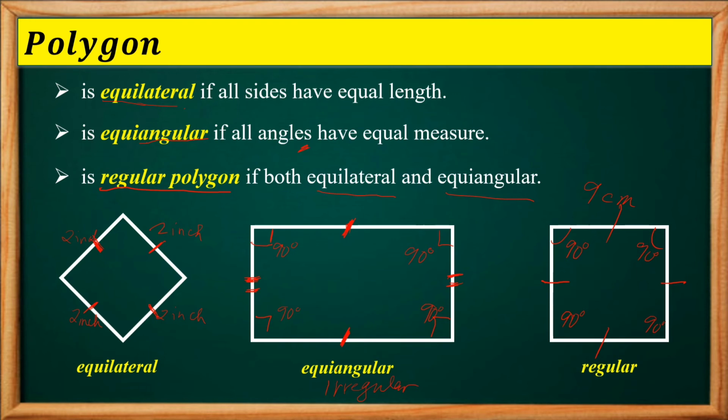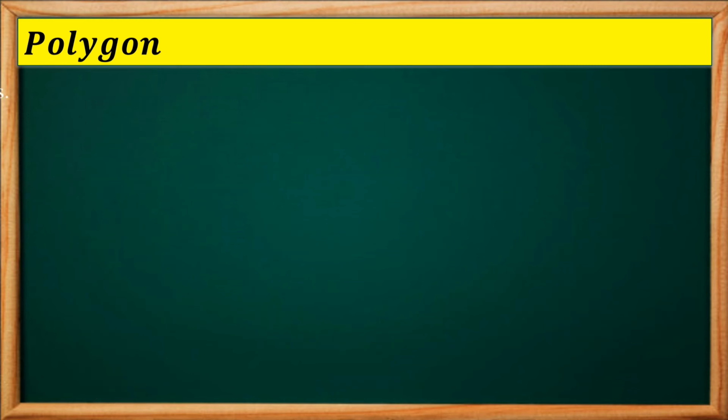Only all sides are equal but the angles are different measures. Then, pwede rin natin siyang tawaging irregular polygon. Let's continue. Now, polygon is named according to the number of sides. Naming or classifying the polygons according to the number of sides.